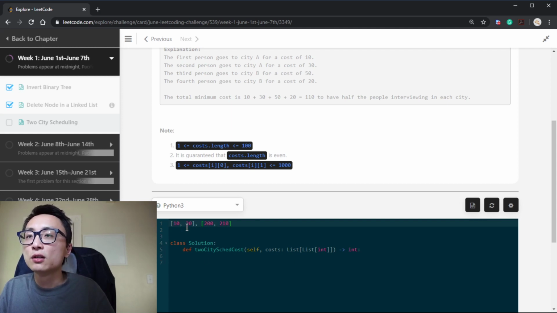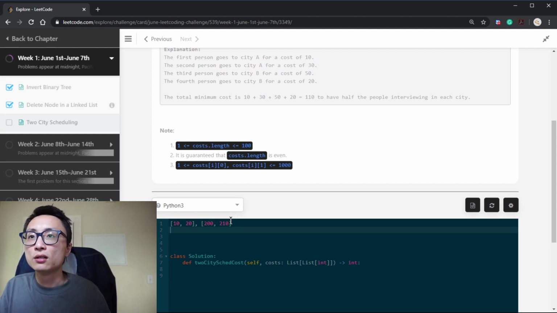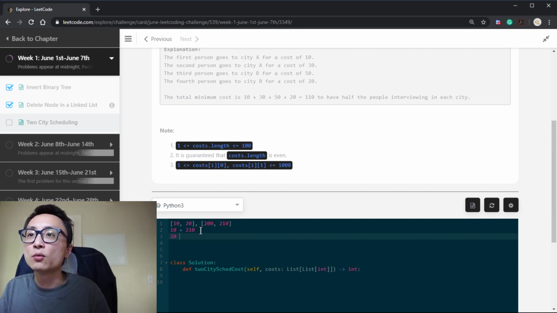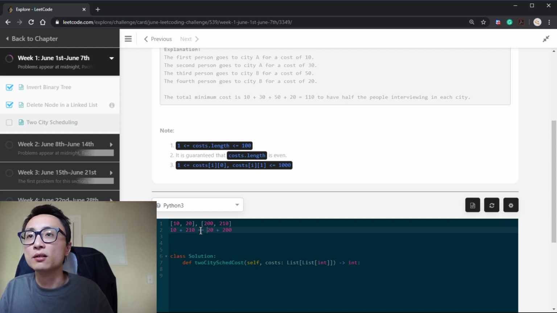For person 1, it takes $10 to go to A, 20 to go to B. For the second person, it takes $200 to go to A and $210 to go to B. If we just try the 2 options, if we send the first person to the first city, that's 10 plus 210, or the other way around, it will be 20 plus 200. The total is the same.